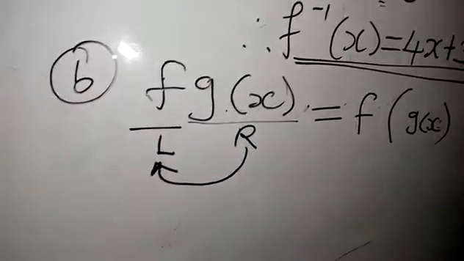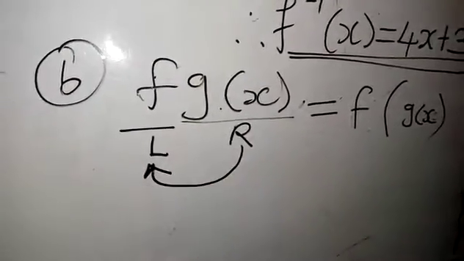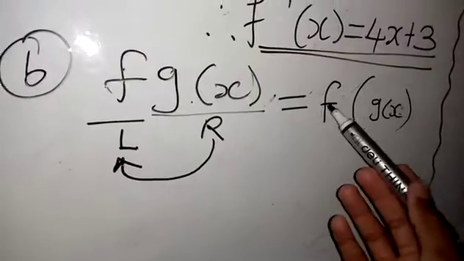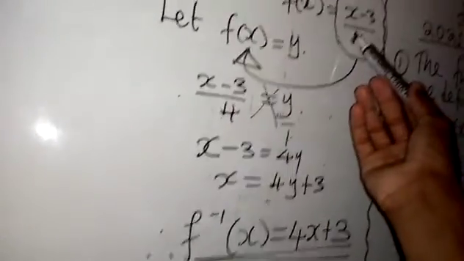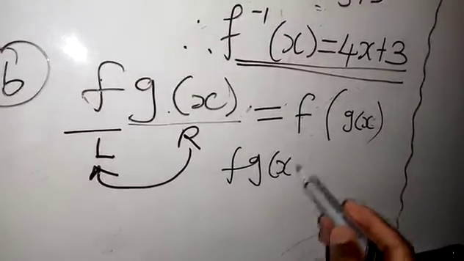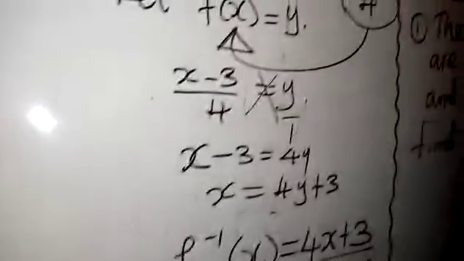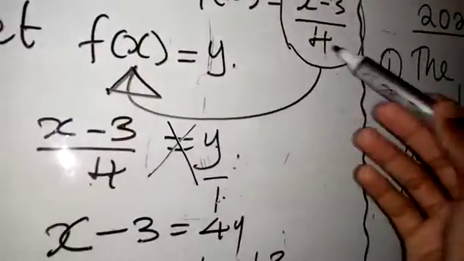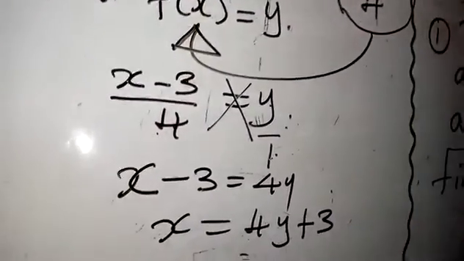In writing, you start writing the function which is on the left. So our f is x minus 3 over 4. You say f of g of x is equal to, you copy x minus 3 over 4, but where there is x, put g of x.